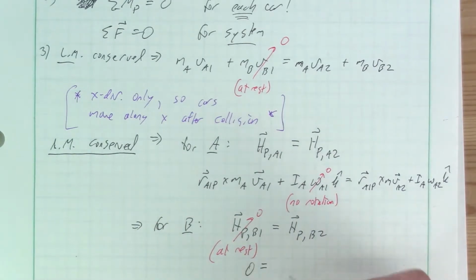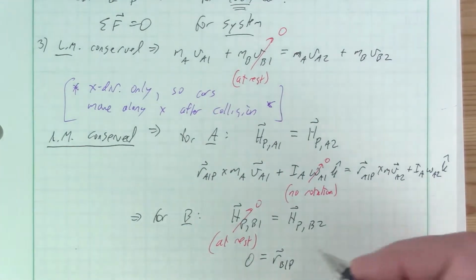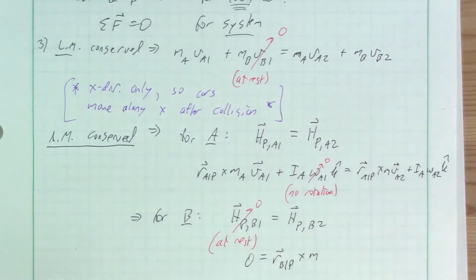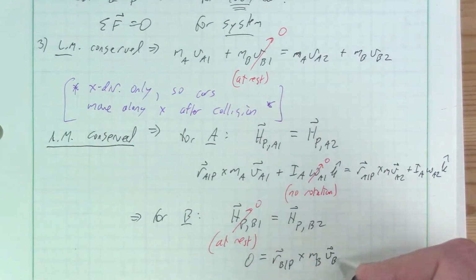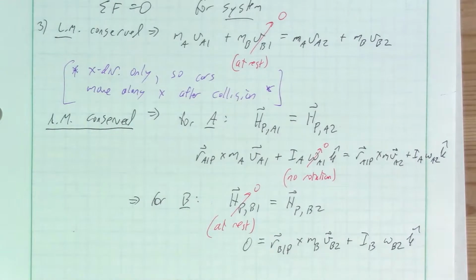We have 0 equaling the position vector of B from P, to its center of mass, we should say, crossed into the mass of B times the velocity of B after collision, plus the moment of inertia for B, which is given in the problem statement, times omega B2 k hat. Both of these are, in general, non-zero.